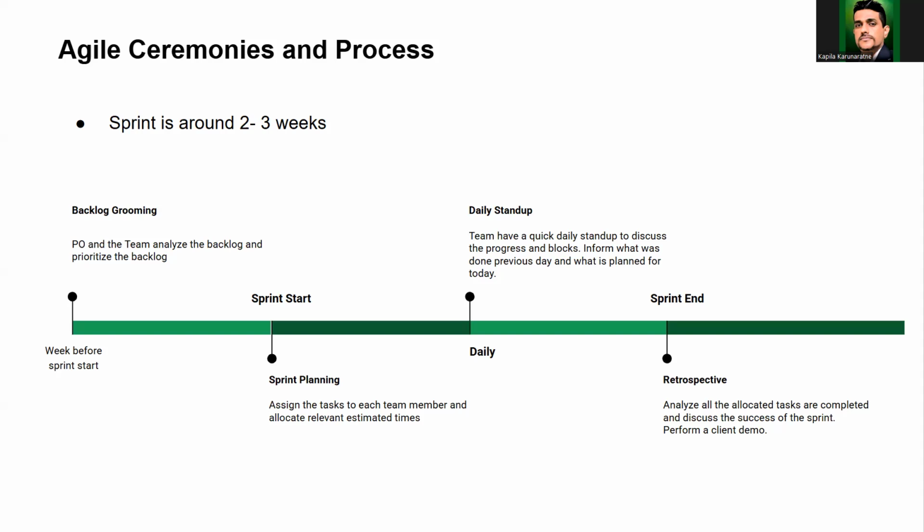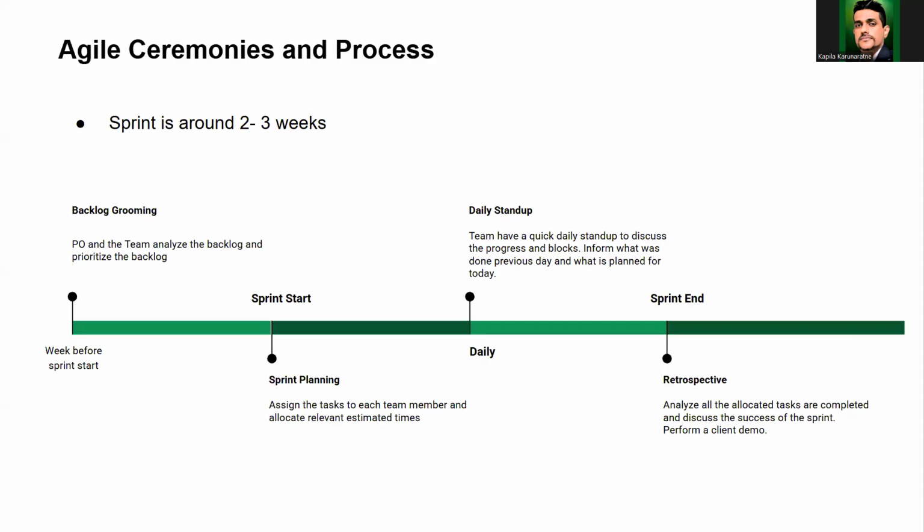The second iteration we call sprint one, the third iteration sprint two, the fourth iteration sprint three, and so on. So we will go from zero until we complete the delivery, maybe a number of sprints. Each sprint is an iteration.